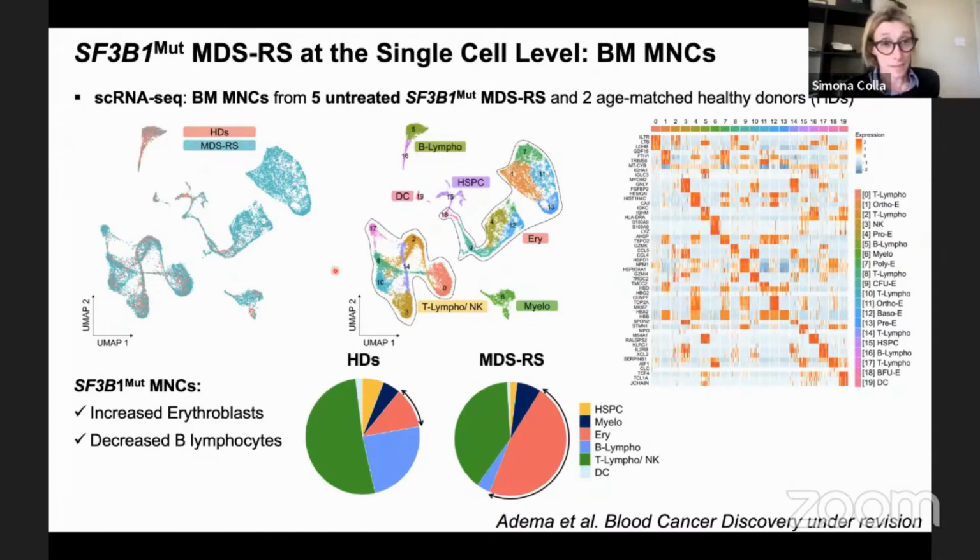Here is inside the bone marrow. So we wanted to dissect the different differentiation status of the erythroblast at the level of the bone marrow. So we analyzed 5 untreated patients with MDS with this particular mutation, and we compared them with 2 different age-matched control.